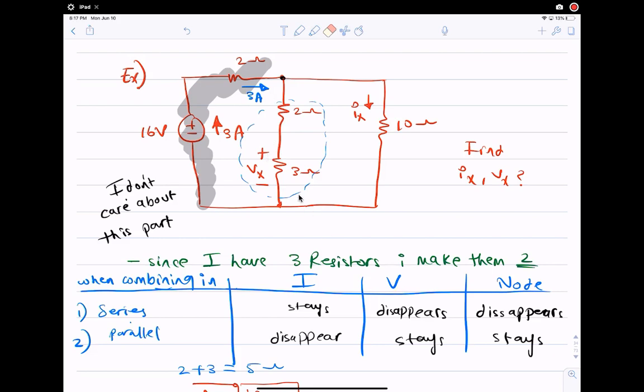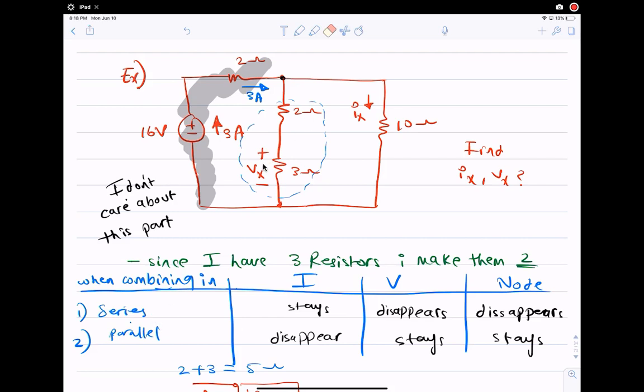But for the voltage such as Vx that is named onto the 3 ohm, when I combine those two, the Vx would disappear. The same goes with the node. So the node and the voltage in series, they would disappear. But in parallel, the voltage and the node would stay, and the current would disappear in a parallel combination. We will discuss this more later on, but now we're concerned about the series.